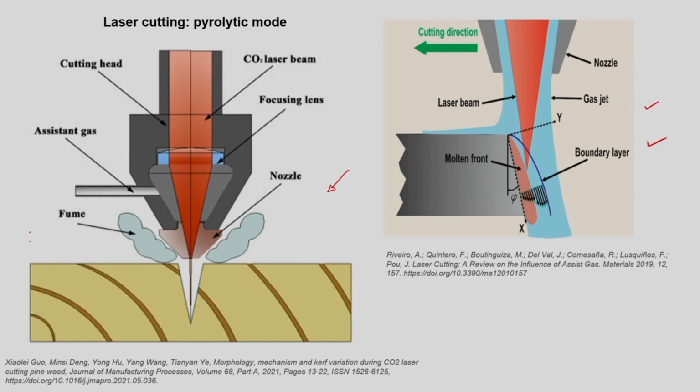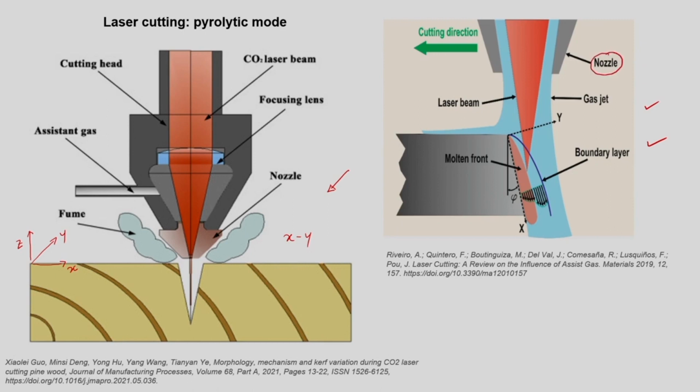If I consider this as the z axis, this as the x axis and this as the y axis, let us consider that the laser is moving in the xy plane and the movement of the laser is along the y axis. When the laser is moving along the y axis, perpendicular to the plane of this PPT, how exactly does the processing occur?